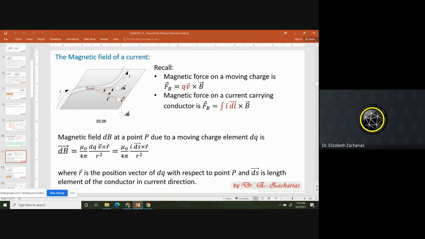You can see that QV translates into I dl. Q is charge, I is current. Now this same relationship we are going to use in this particular chapter also. We already know the equation for a magnetic field because of a single charge. So let's see how this idea is going to be used. We consider this current element to be made up of small segments of length.